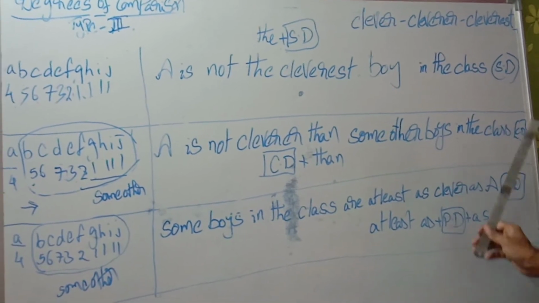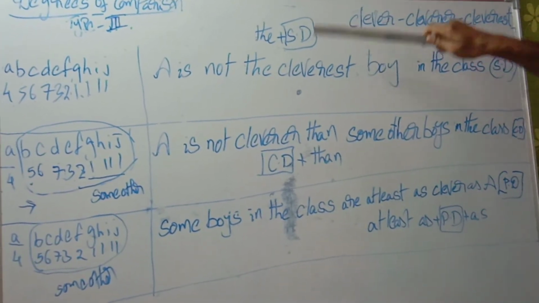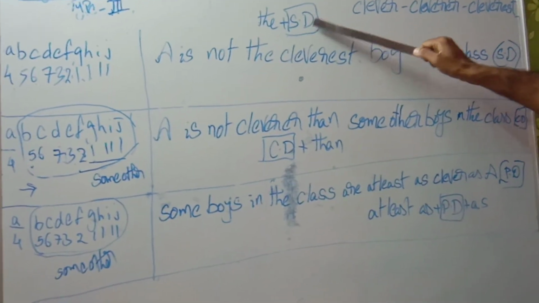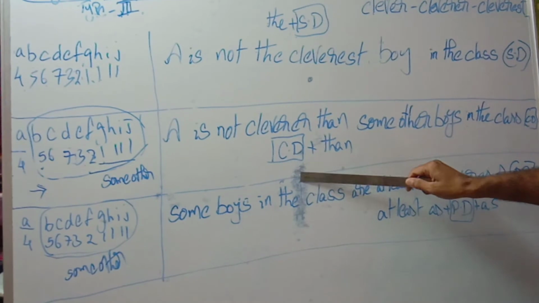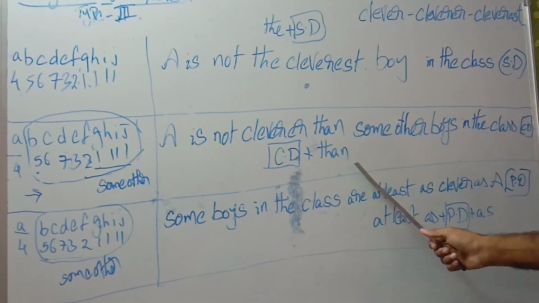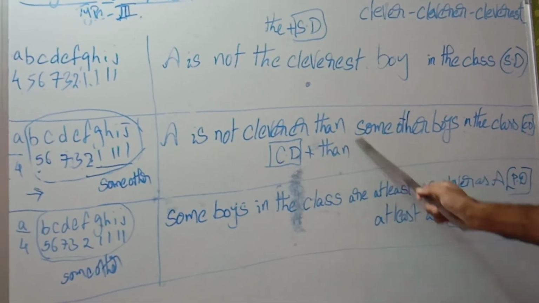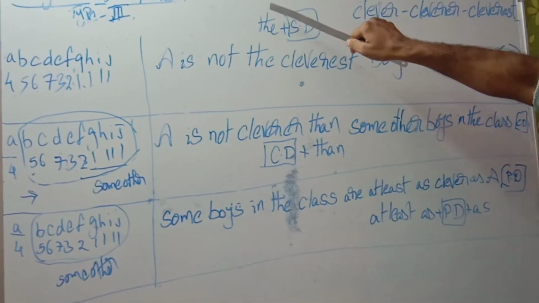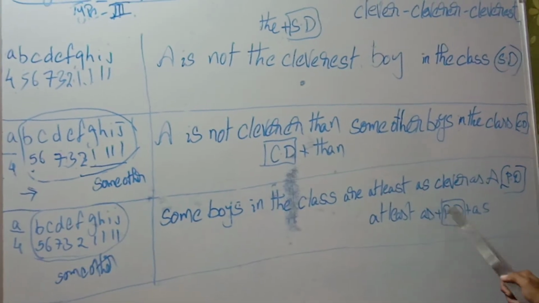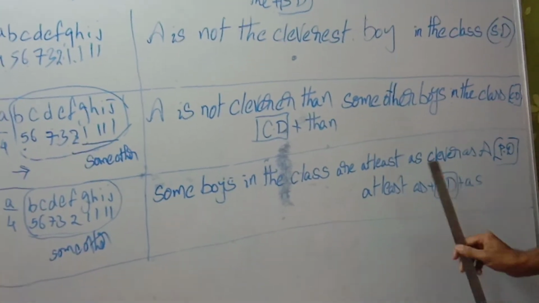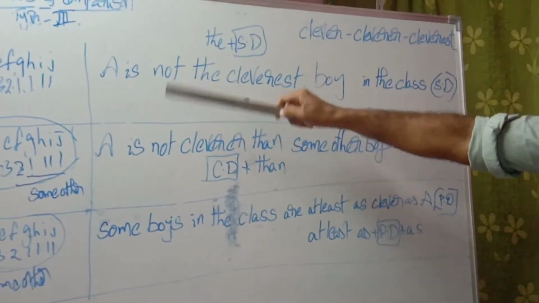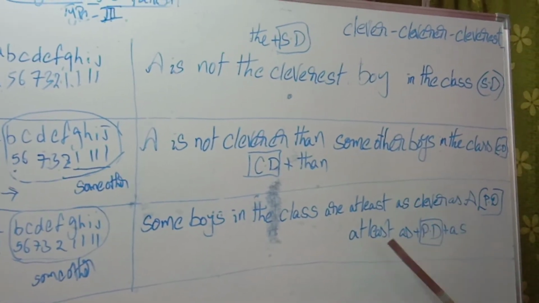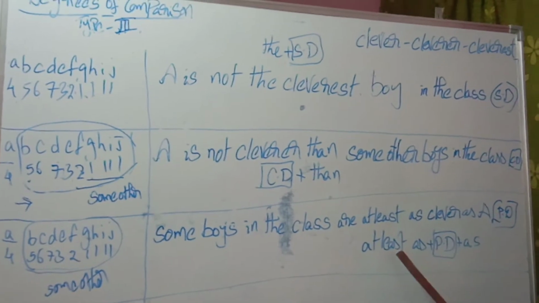This is positive degree. Now see this. Superlative degree is always with the, followed by the superlative degree. Comparative degree is always followed by than, with the comparative degree before than. And positive degree uses as... as. And in this scenario, because it's negative, not cleverer than, we have to definitely use at least in positive degree.